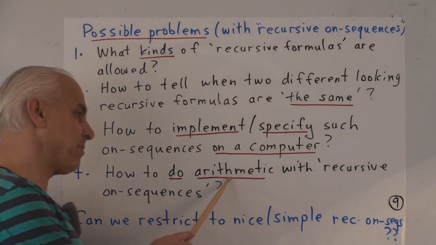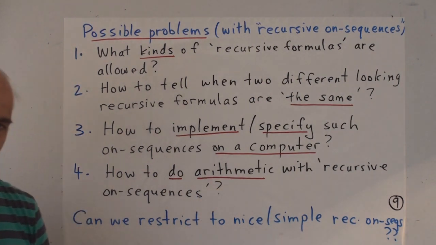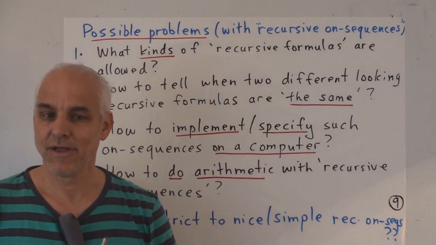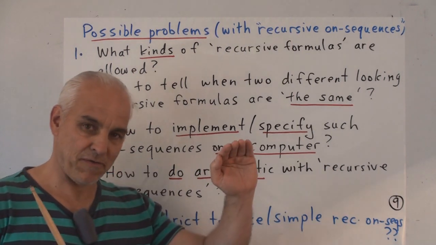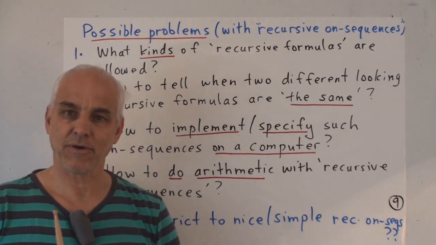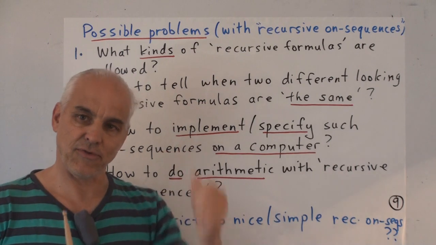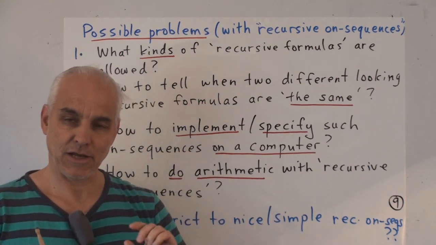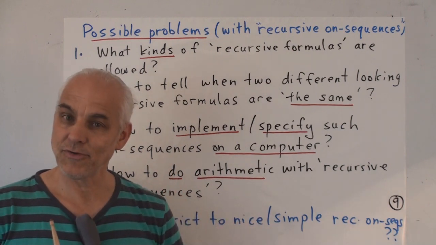How are we going to do arithmetic with recursive sequences? For example, if we take two of the sequences that I've mentioned to you, and you have a recursive formula for one and you have a recursive formula for the other. Suppose you add the two sequences, generating a new sequence. Is that new sequence also a recursive sequence?